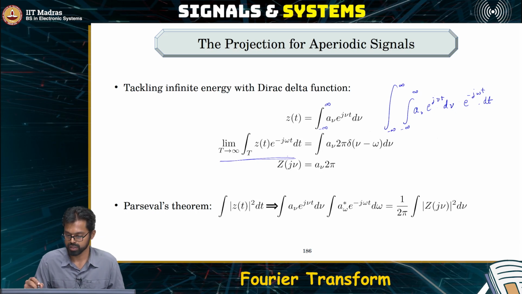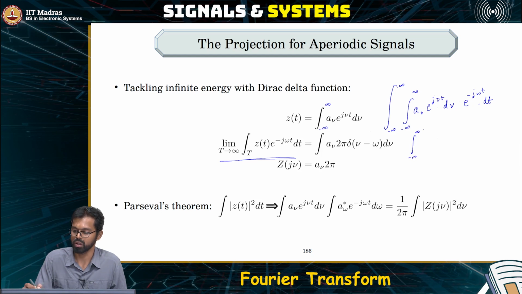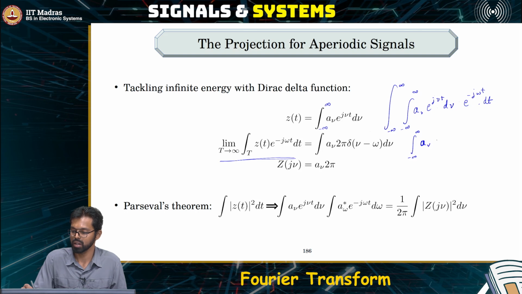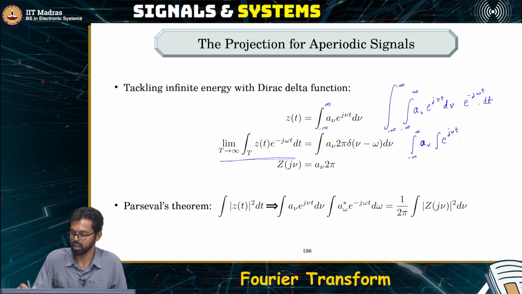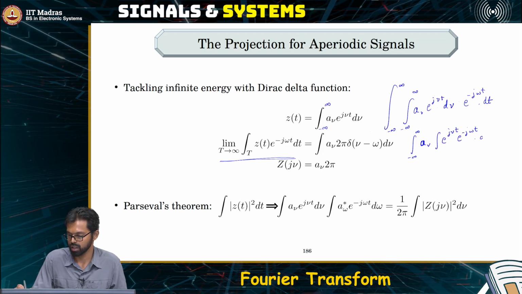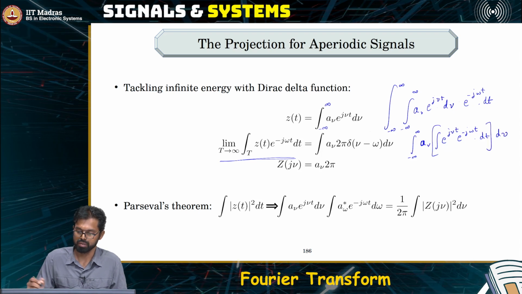So we can rearrange this. Okay, I'm going to swap the order of integral. I'm going to bring this a(ν) outside and keep e^{jνt} and e^{-jωt} inside, and integrate this with respect to dt first.